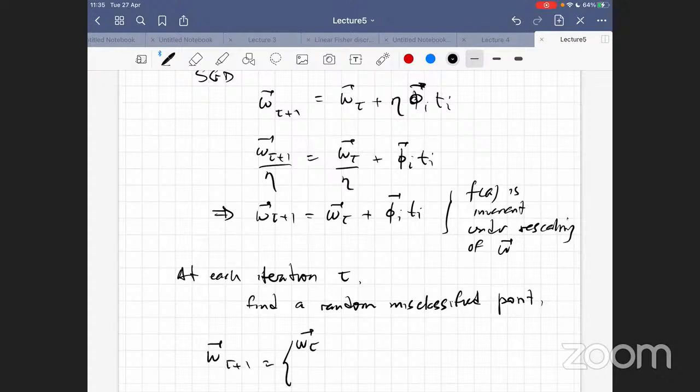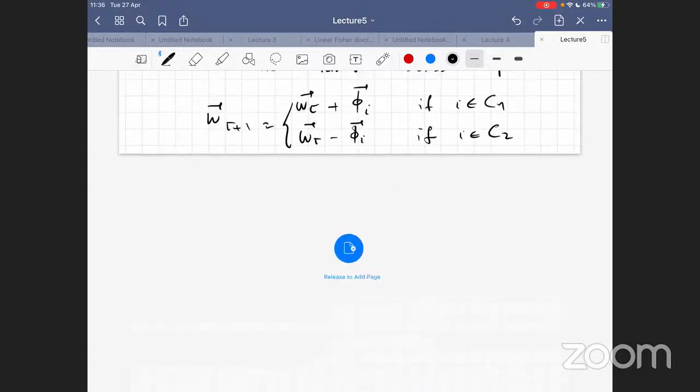Either you sum this because the point was belonging to class 1, which means t is 1 for this point, or t was -1, and then you need to subtract, to the other class, okay?